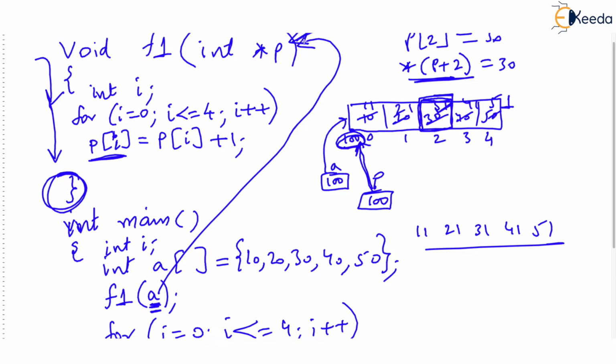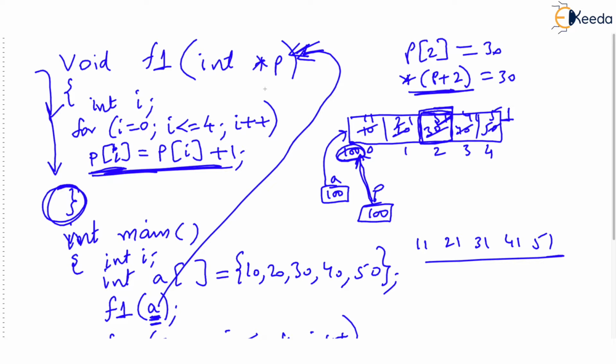This address will be copied in the pointer, and then you can use that pointer as if it is an array. And the nice part that C keeps is, if you don't like this pointer notation, you write this P as an array. You write P[5], because the array you are passing is of size 5: 10, 20, 30, 40, 50. So you can use this P as an array, but in the background, you just remember that it is a pointer.